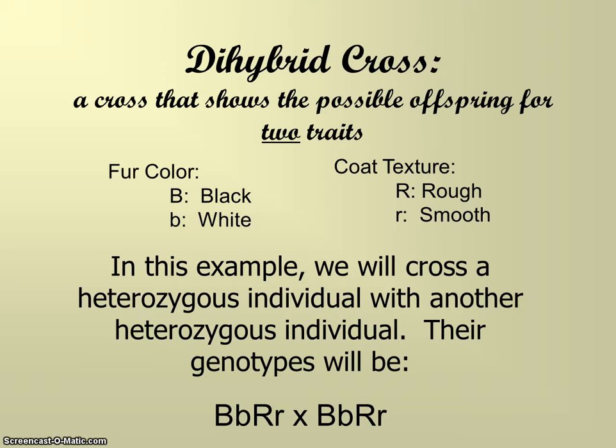So what we're going to do is cross two heterozygous individuals. Here are the genotypes down here. Here's the first genotype for the first parent, and here's the second genotype for the second parent. So here is mom and here is dad. They're both heterozygous, heterozygous for fur color and heterozygous for coat texture.